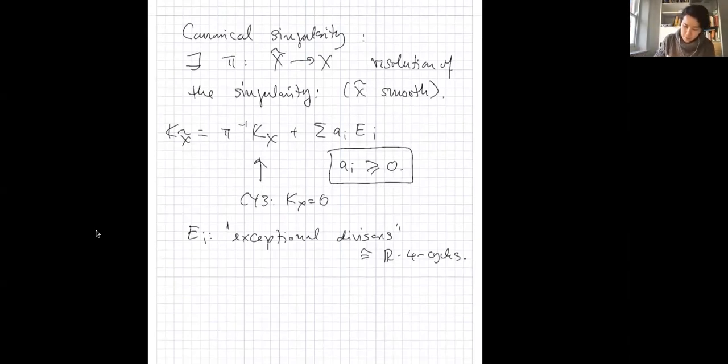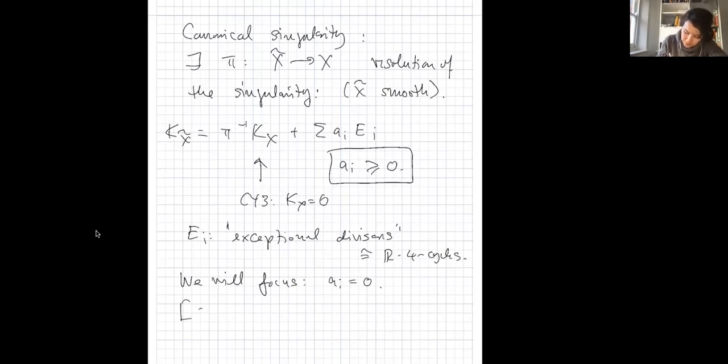Now, what we really would like to have is, so in fact, we will focus in all these lectures on the case where the a_i are actually strictly 0. So as you have a singular space, and then you blow up and you introduce more exceptional divisors, the canonical class actually doesn't change. So that's basically what we would like to do.